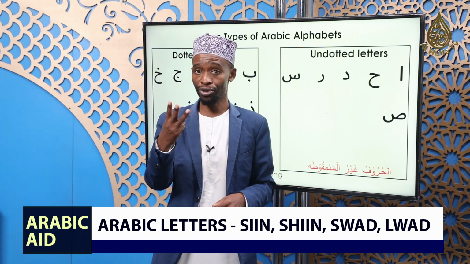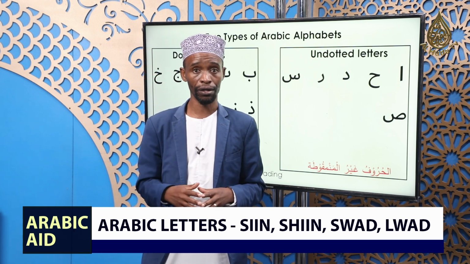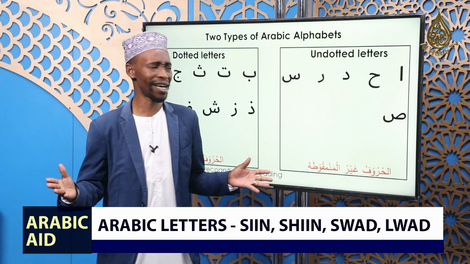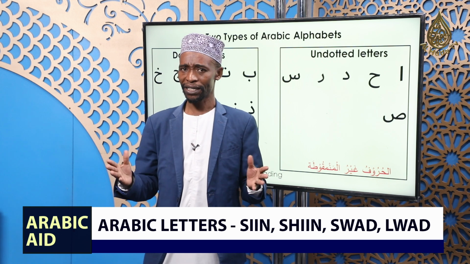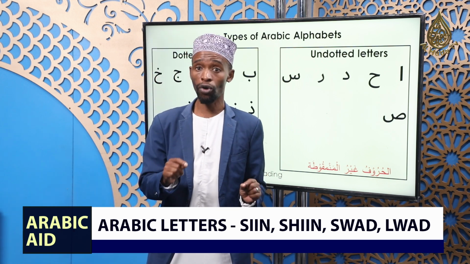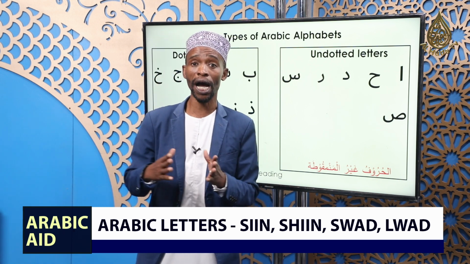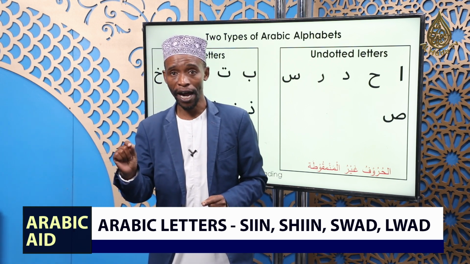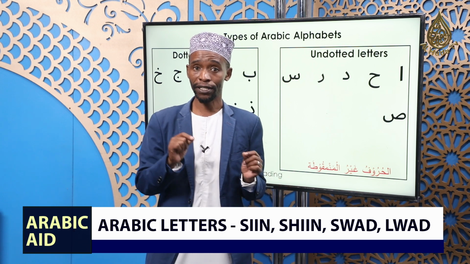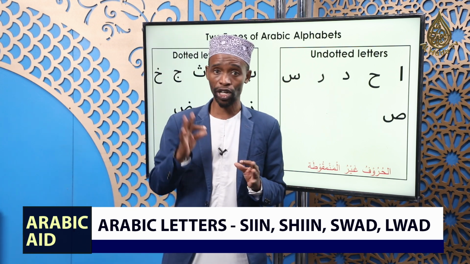Welcome to section 3, which summarizes what we have learned today. We have looked at letters Siin, Shin, Swad and Lwad of Huruf al-Arabiya. We have also looked at their makharij and identified Lwad as a letter that requires more practice to pronounce accurately.